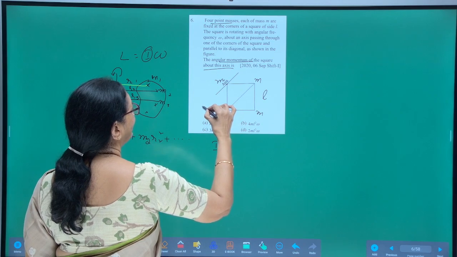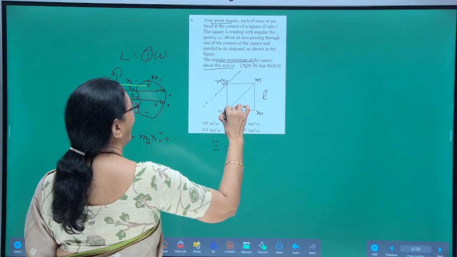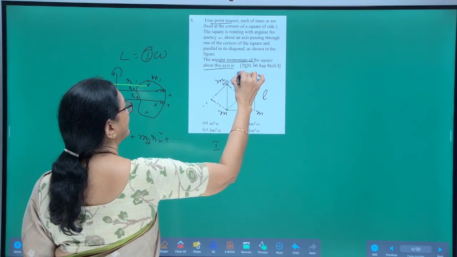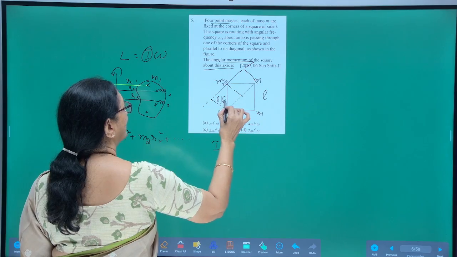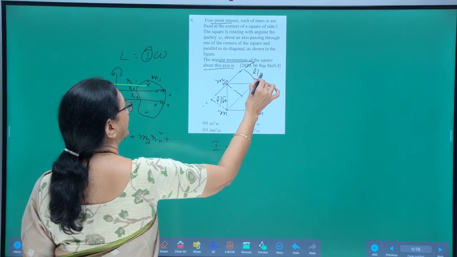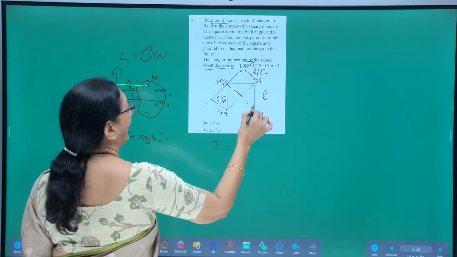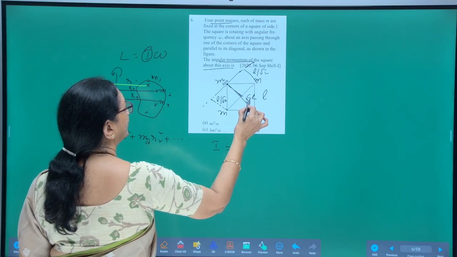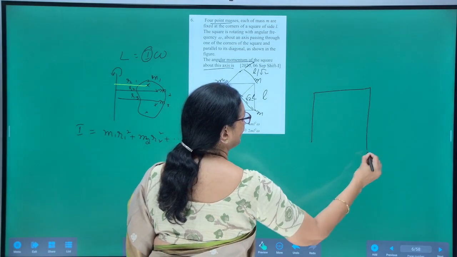What is the perpendicular distance of this from the axis? This is equal to this distance. So, these two perpendicular distances are L by root 2, and the perpendicular distance of this from the axis, that is the diagonal length, is root 2 L. I am redrawing that.